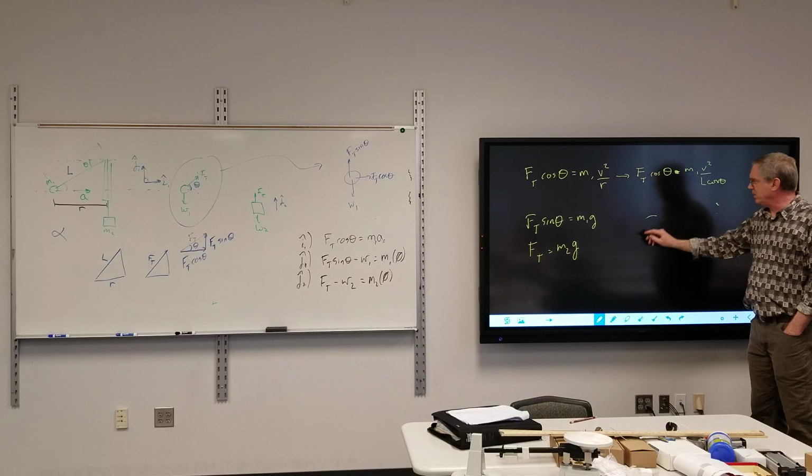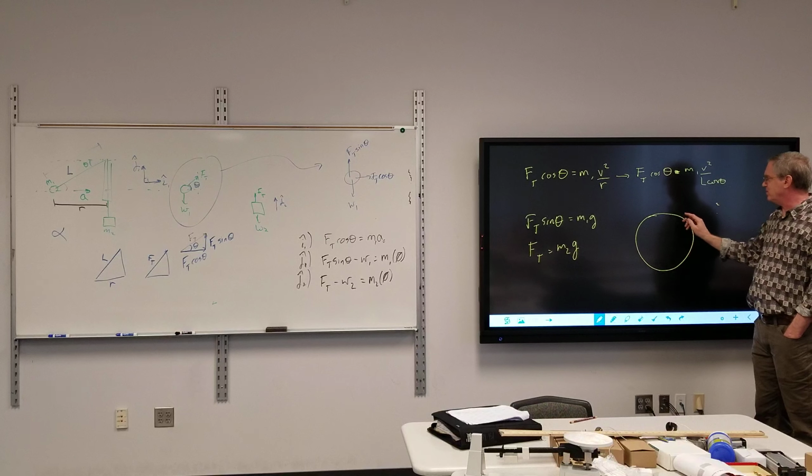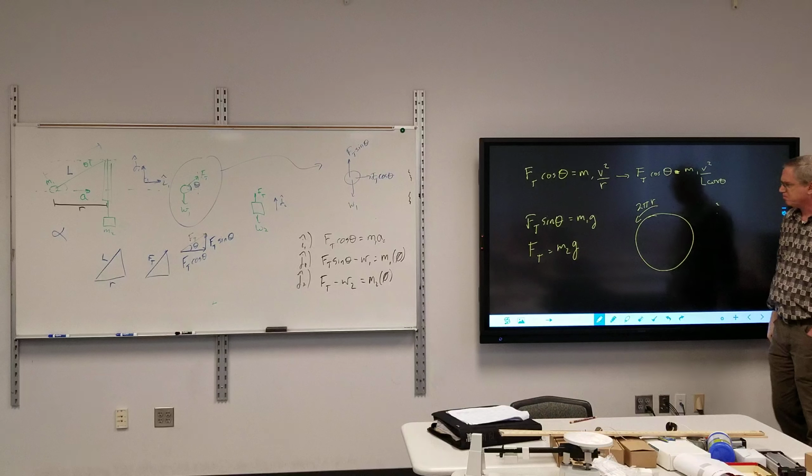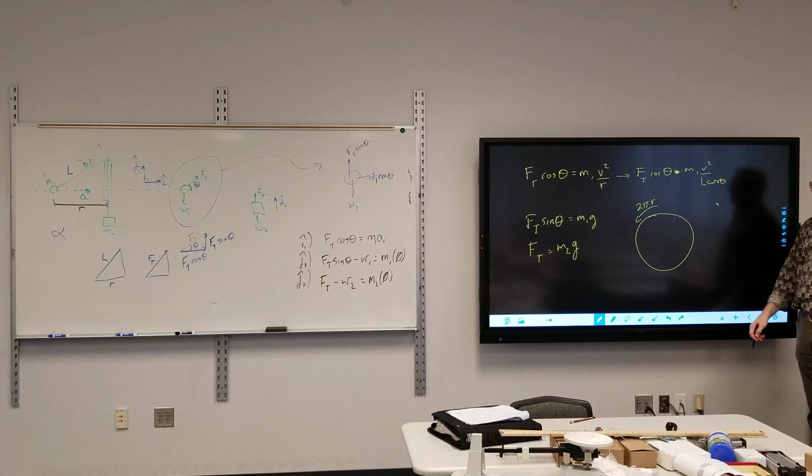If I have something traveling in a circle, the distance it travels in one revolution is going to be the circumference, which is 2 pi r. And timing is relatively easy. If I'm swinging something in a circle, we can just use a stopwatch and time how long it takes to go around, say 10 times, then divide by 10 to get the average time.